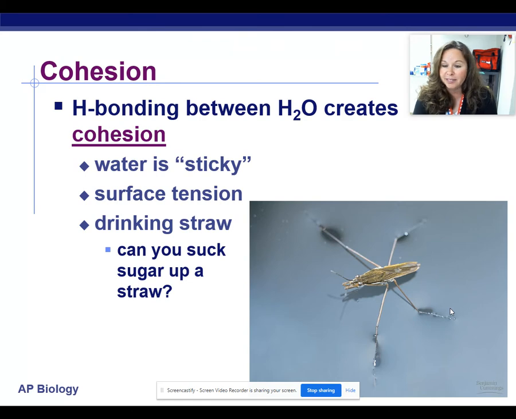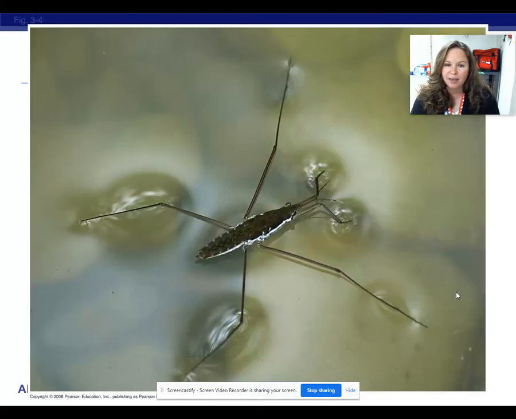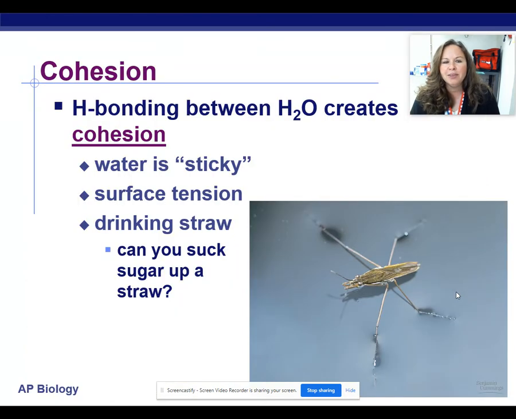Like this water strider is doing, you can actually see the water kind of dimpling underneath its feet or its legs, because those water molecules would rather stick together with their hydrogen bonds than let the little insect fall through. The insect isn't heavy enough to break those hydrogen bonds. Pretty cool. So that's the property called cohesion.